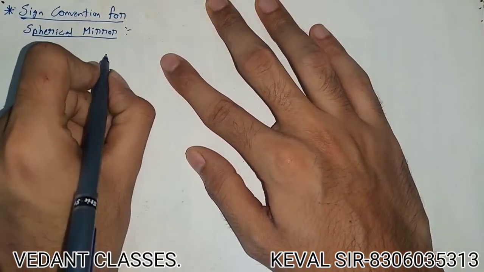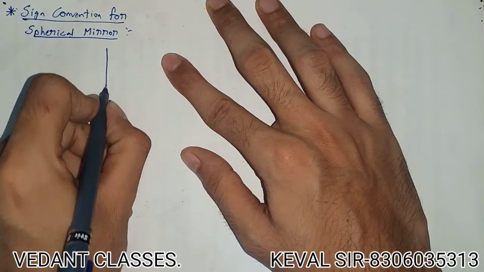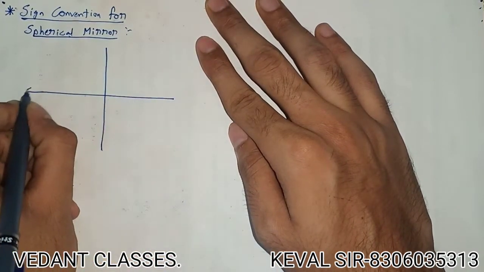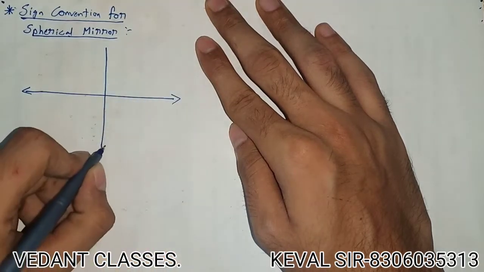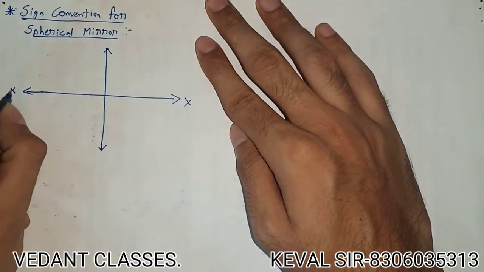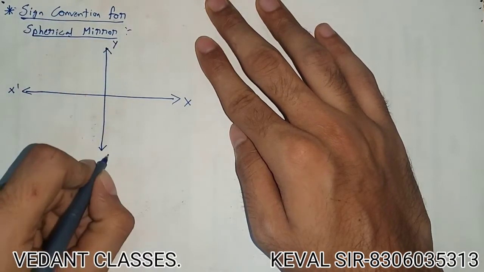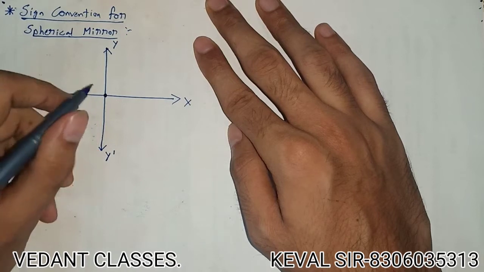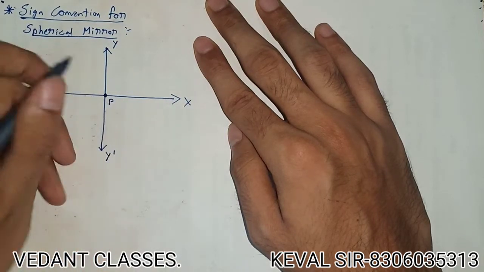Okay, now consider a Cartesian coordinate system. Consider the Cartesian coordinate system like this. This is x dash, this is y, and this is y dash. Now at the origin, consider you are having your pole of the mirror.